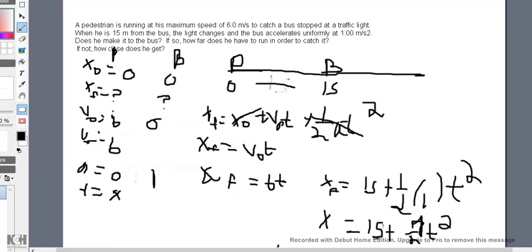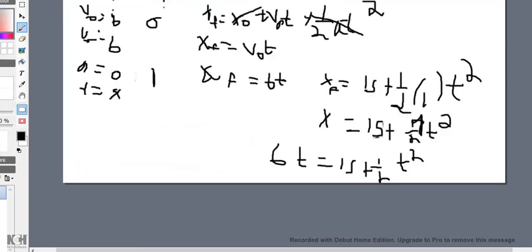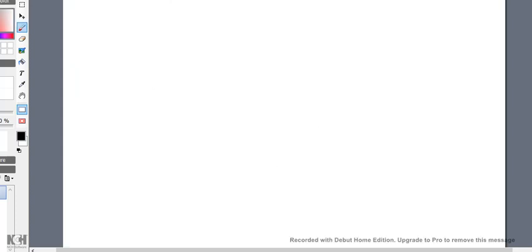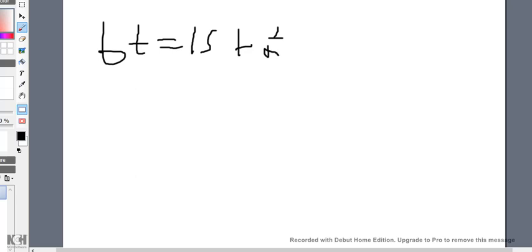So that way, let's see if I can remember the 6t, 15 plus 1/2 t squared. 6t equals 15 plus 1/2 t squared. So now I'm going to give me a new page. 6t equals 15 plus what? 1/2 t squared.